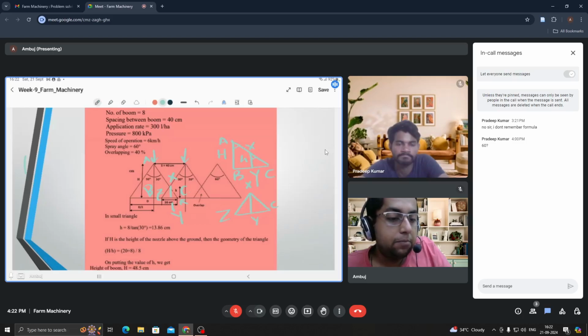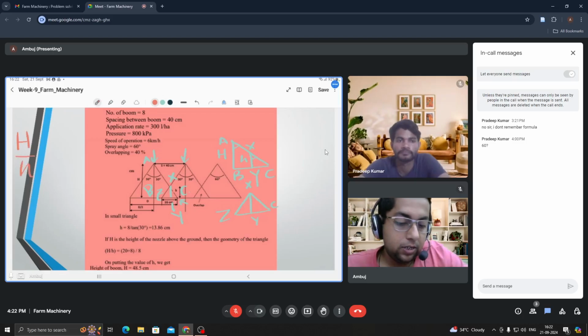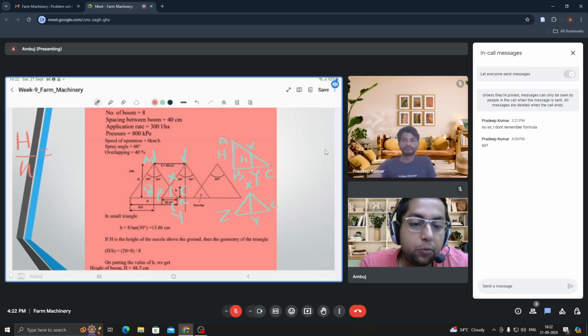In triangles ABC and XYC, capital H over small h would be equal to... I have been provided one more distance, which I haven't marked yet. The 40 centimeter is the spacing, so my distance BY would be equal to 20.